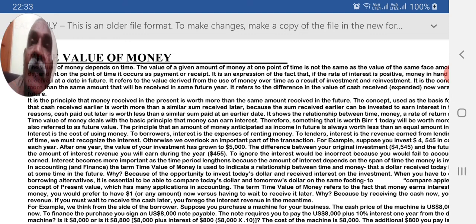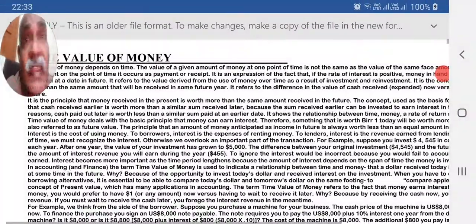Semi-annually, in a year you will get 2 times. At the end of the first 6 months you will get 4%, and thereafter at the end of the next 6 months again you will get 4%. It means 8% total.